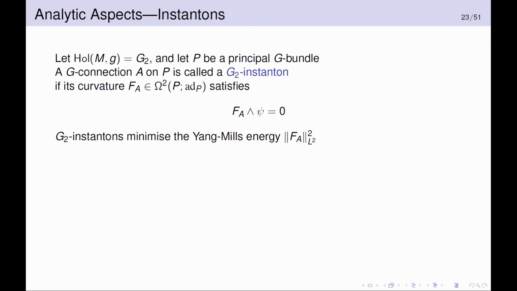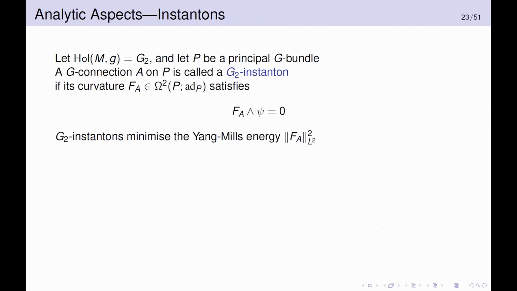Good. One more thing in the end, instantons, that's a slightly different subject. You pick a vector bundle on your manifold, which comes with a principal G-bundle, say, and you consider a G-connection on that principal bundle, and you call this an instanton if its curvature satisfies this harmless looking equation that the curvature wedge psi equals 0.